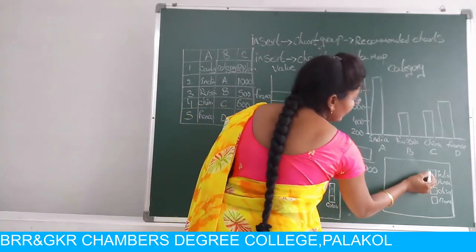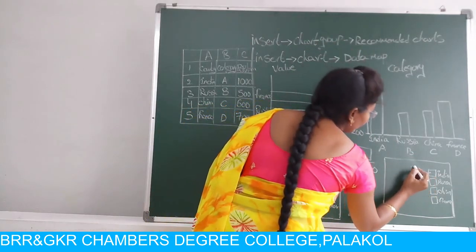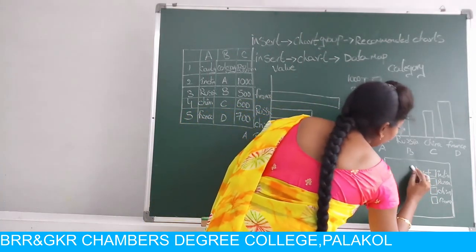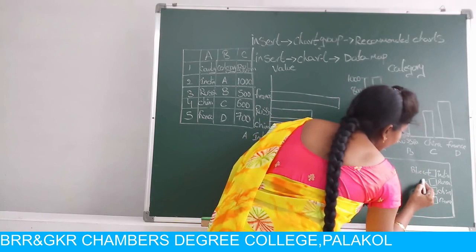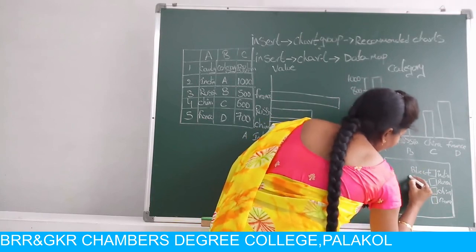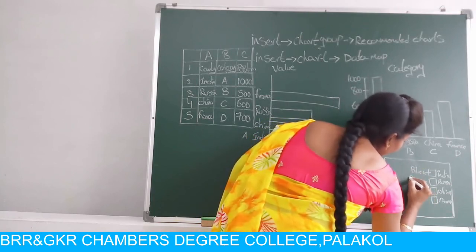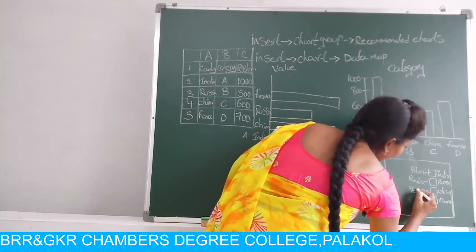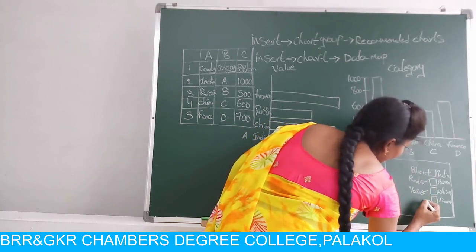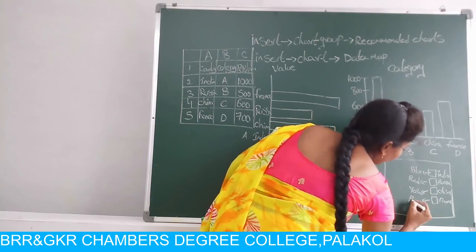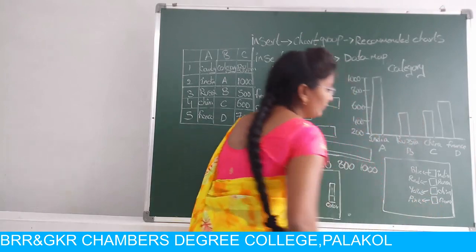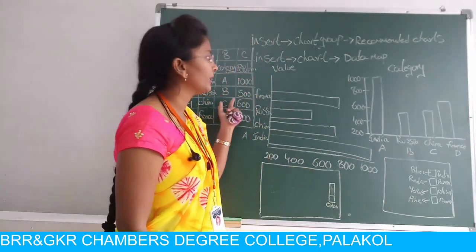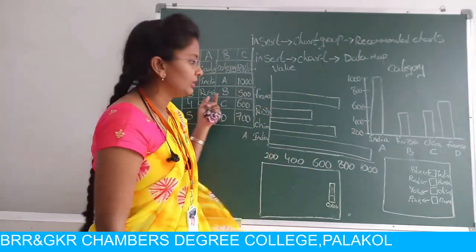India is with some blue color, and then red, yellow, and pink. It will be displayed with different colors in the map according to the data you have taken in the Excel sheet.